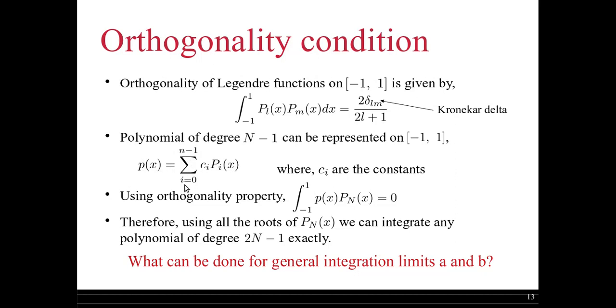From the orthogonality property, in this expansion the Legendre polynomial can be of the order of at most N-1. So with this p_N, it will be 0. So there will be no p_N, and that is why this integration will be 0.